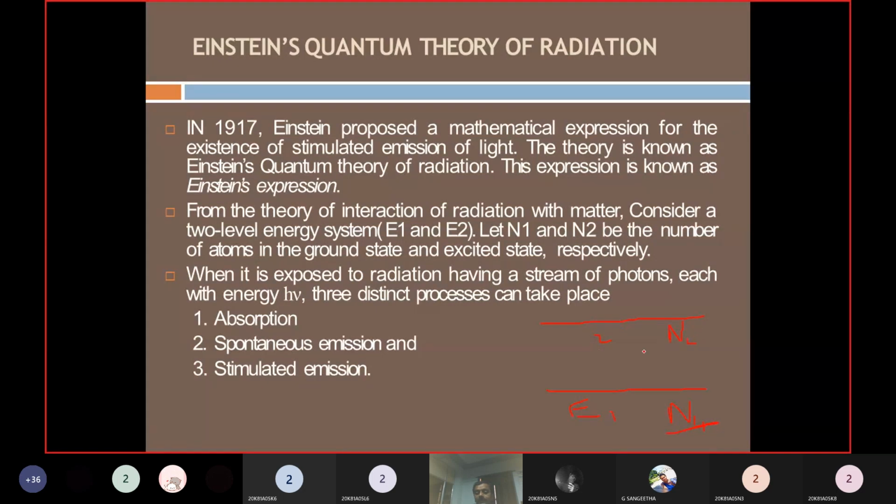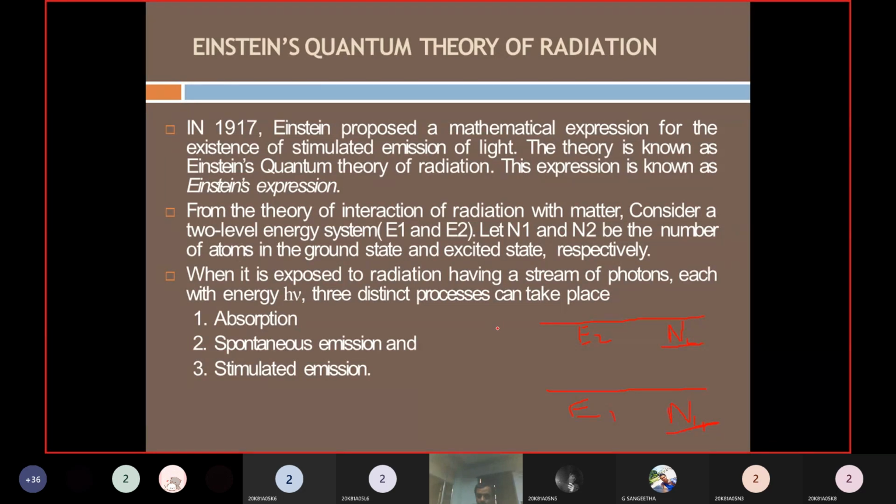The excited state is the E2 energy level, and the number of electrons in the excited state is N2. Now we discuss when absorption takes place and when emission takes place.